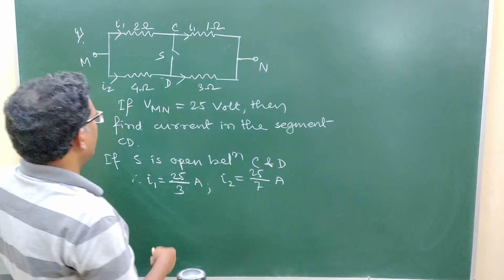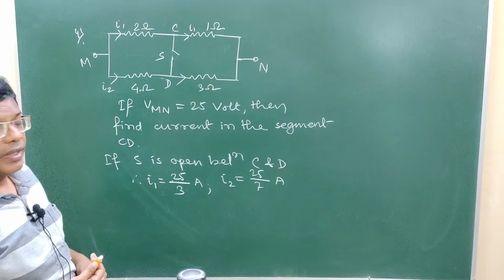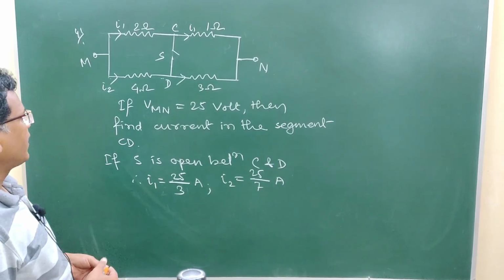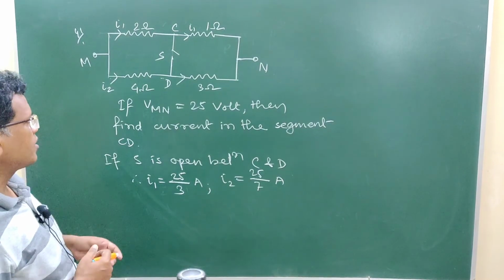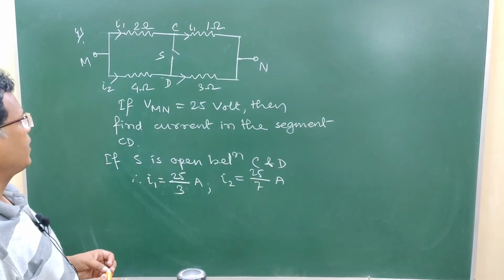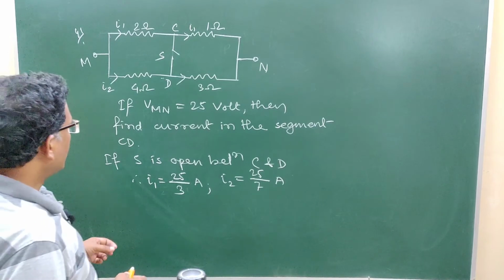So based on these values of current we can initially find some potential difference. So what will be that potential difference?